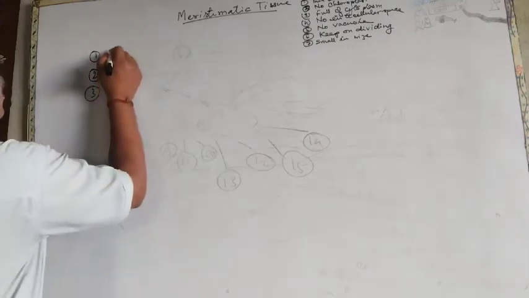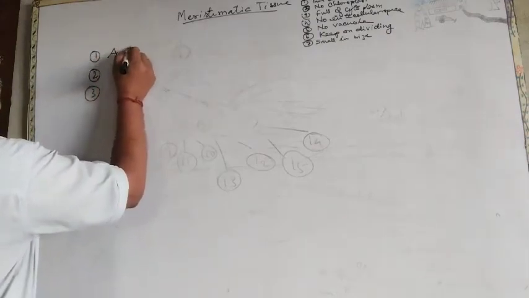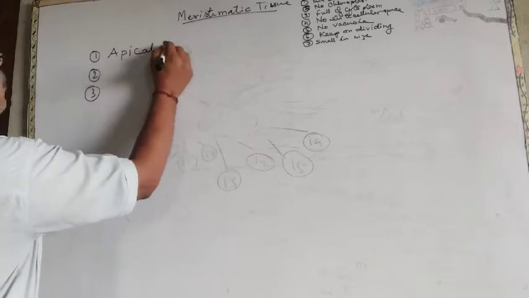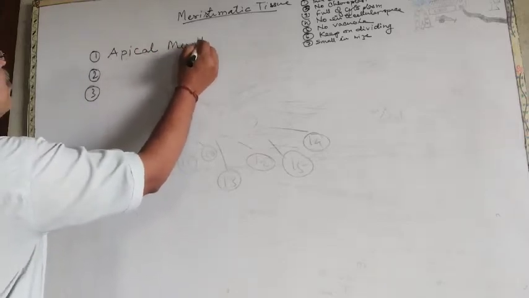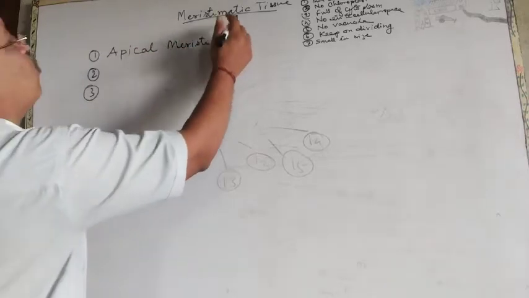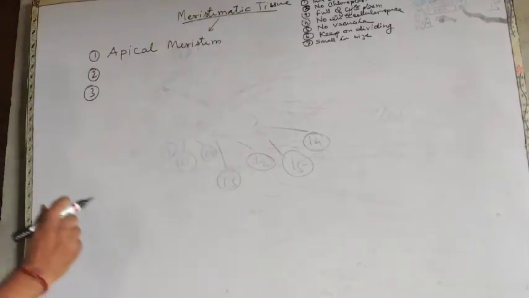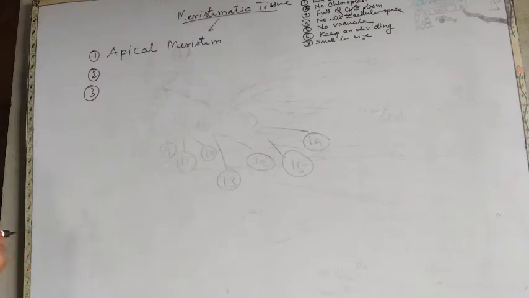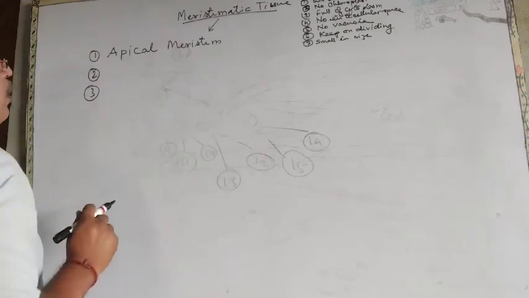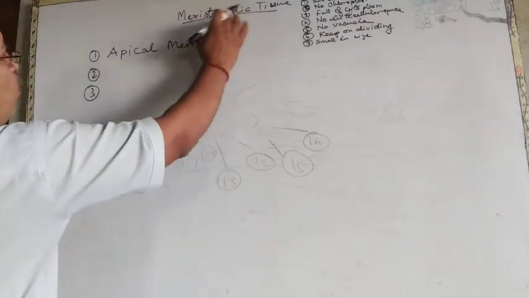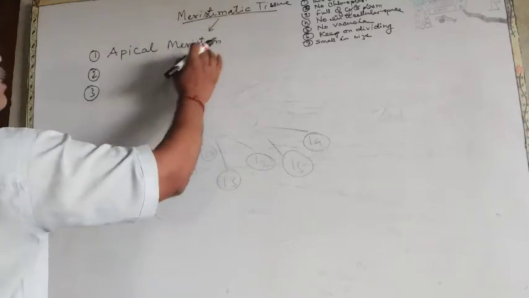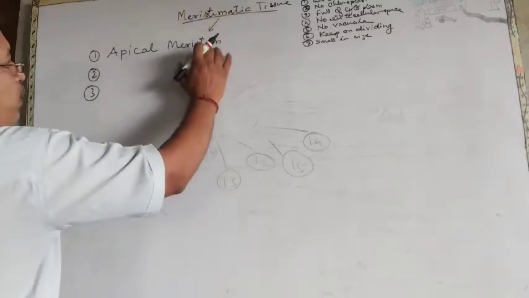First one is the apical meristem. So meristematic tissues can be substituted by the term meristem. Remember, to avoid writing 2 words, we simply write meristem. What is the meaning of this word meristem?